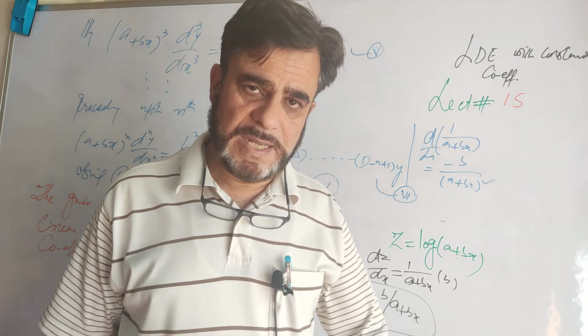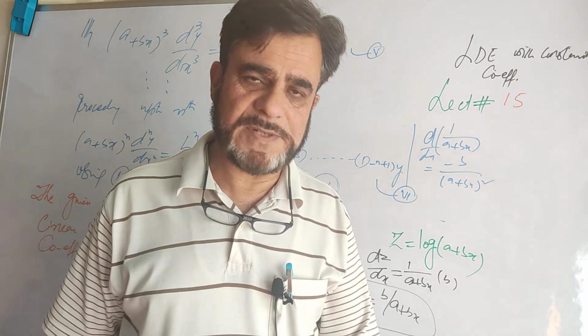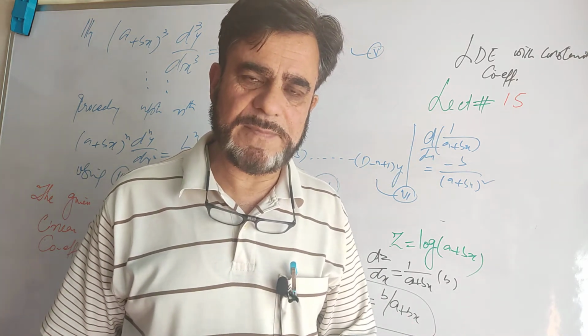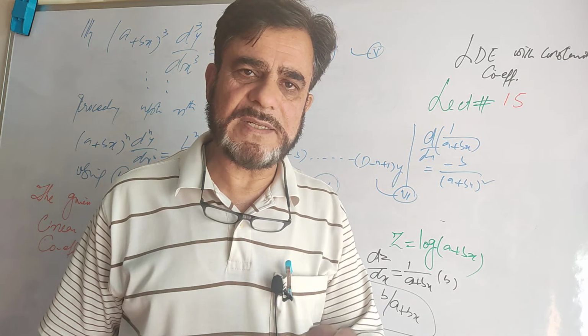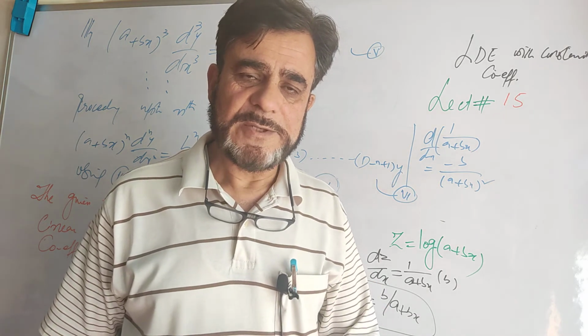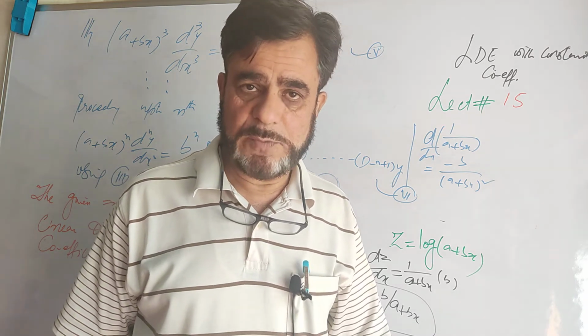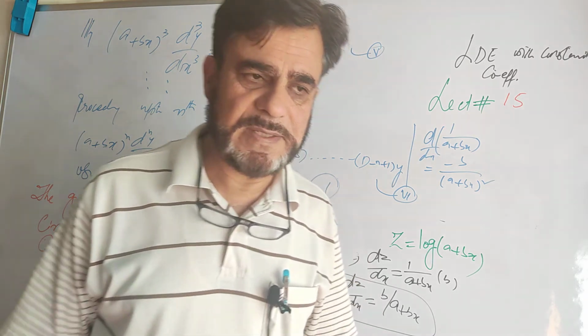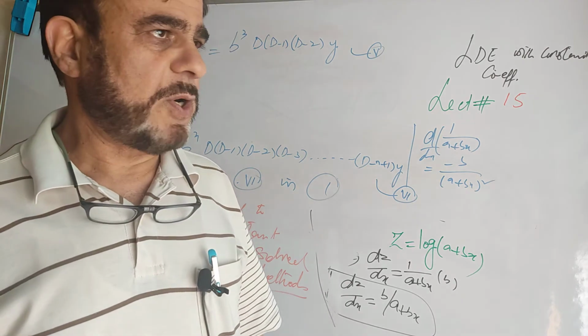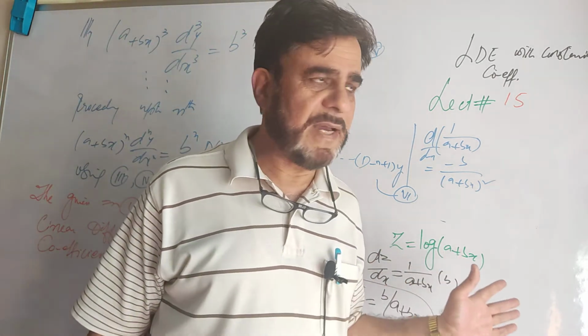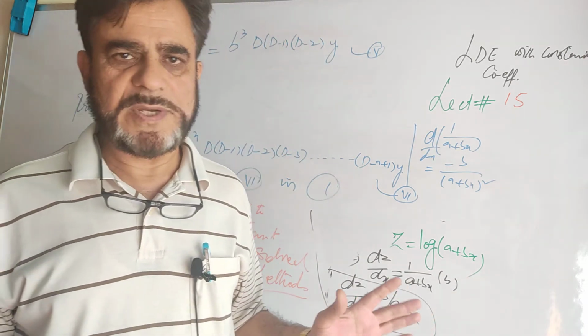Sometimes in MCQ type, you may be given a differential equation of Legendre's form, and you will be asked what is the suitable substitution so that it gets reduced to the linear differential equation with constant coefficients. You may come across some questions like that. There is no problem. It is not a new one. It is not so difficult. It is the same as what we did in previous lectures. I hope you have understood this.